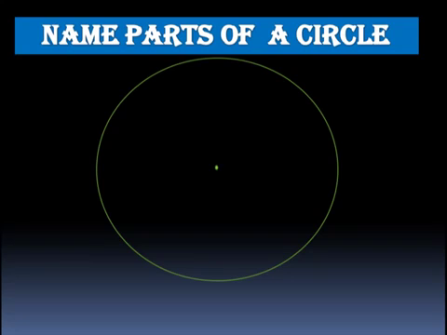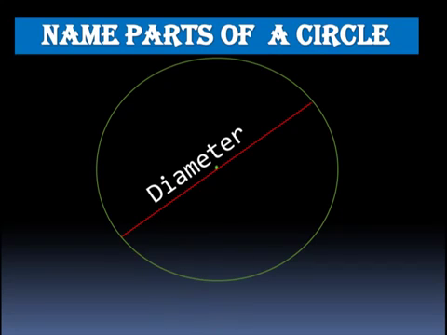Now, what's the first line we want to learn about in the circle? Well, a line that passes through the center of the circle, whose ends touch the circumference, is referred to as a diameter. Now, any line whose ends touch the circumference is referred to as a chord. So the diameter is a special chord.